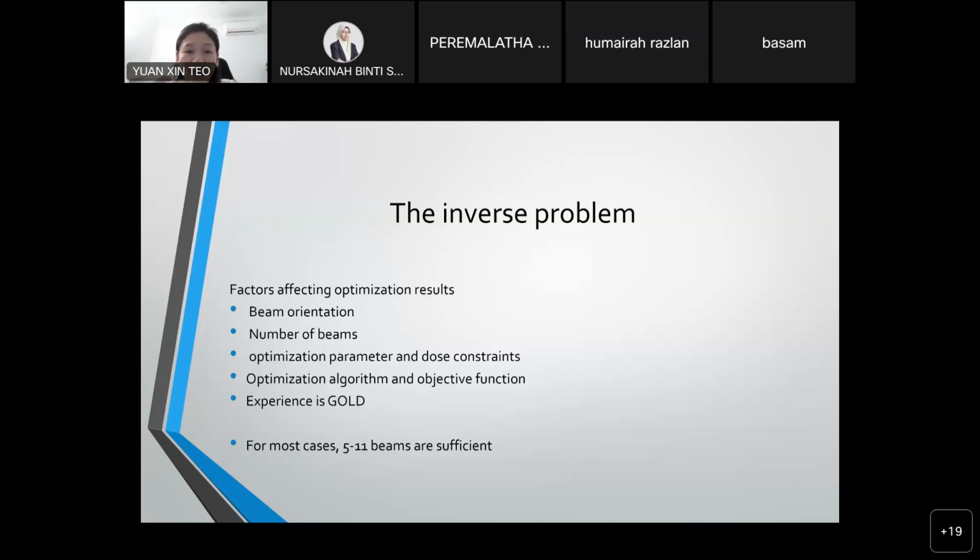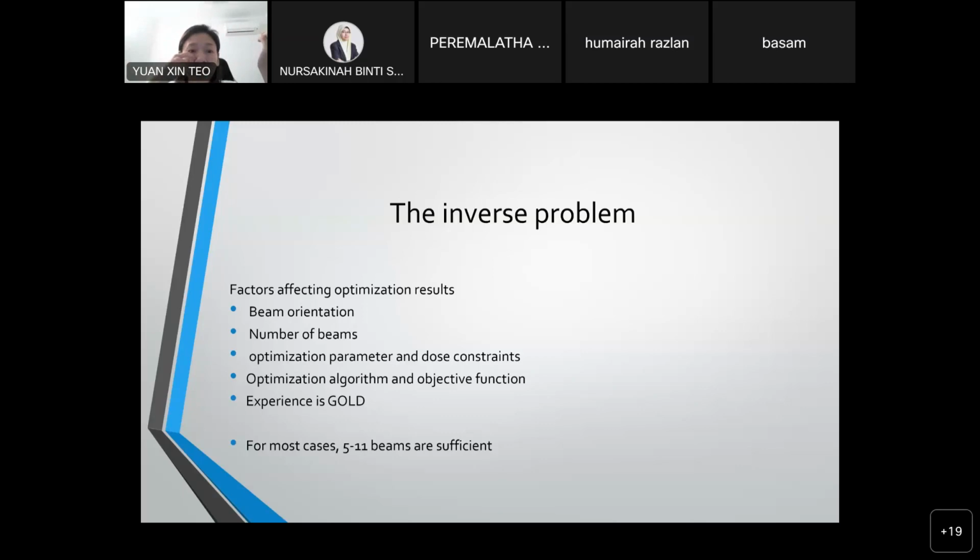The number of beams also will affect the plan. Of course, more beams will create a better plan, but in balance you will need to think about a 5 beam plan versus an 11 beam plan. Definitely the 11 beam plan will give you a very good result, but the treatment delivery time will be higher.